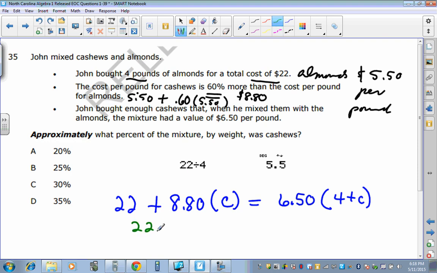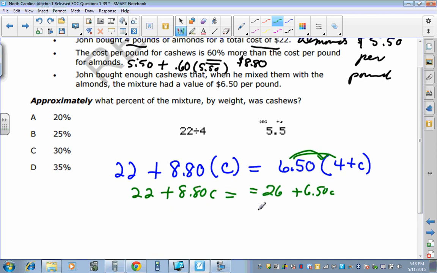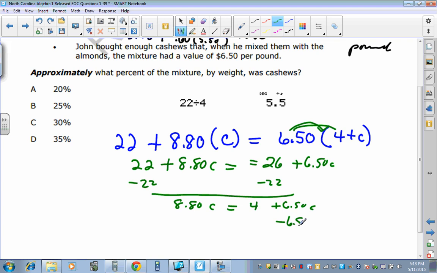So let's solve now. So that'd be 22 plus 8.80C. If you do 6.50 times 4, that is 26 plus 6.50C. And if we subtract 22 from both sides, you get 8.80C is equal to 4 plus 6.50C. Subtract 6.50C.